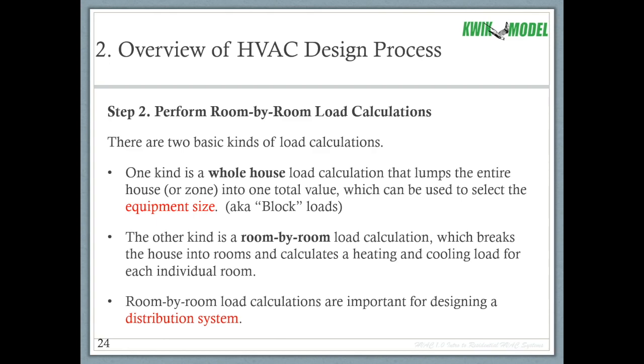So each section of the house served by a piece of equipment, we call that a block load. That's used to determine the size of the equipment that's going to serve that house or that portion of the house. But if you're going to do duct design, you need room by room load calculations. So that's the other kind of load calculation. One is parsed into individual spaces, and the other is totaled all together.